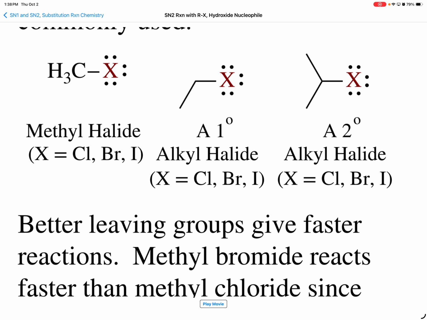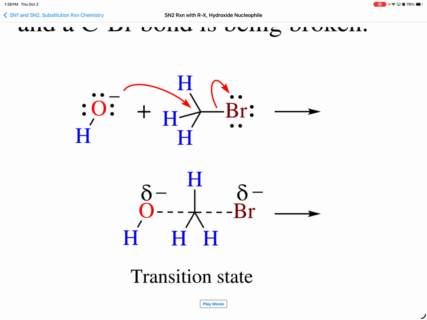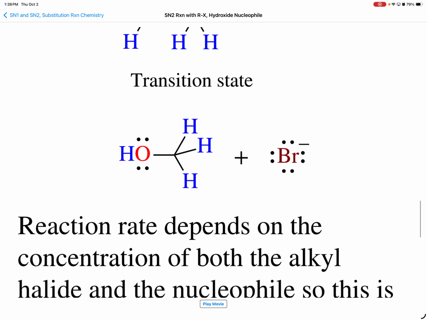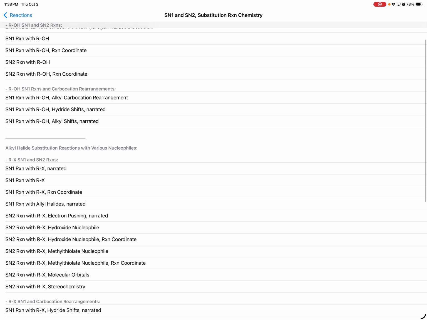All right. Don't worry about this stuff yet. We'll talk about that later. All right. So this is the arrow, right? That's what we see. But let's see what actually happens. Like, is it really one step? What we mean by one step is that these two processes, bond making and bond breaking, happen at once. Okay? So let's look at that movie here. Well, hopefully it's not narrated, is it?